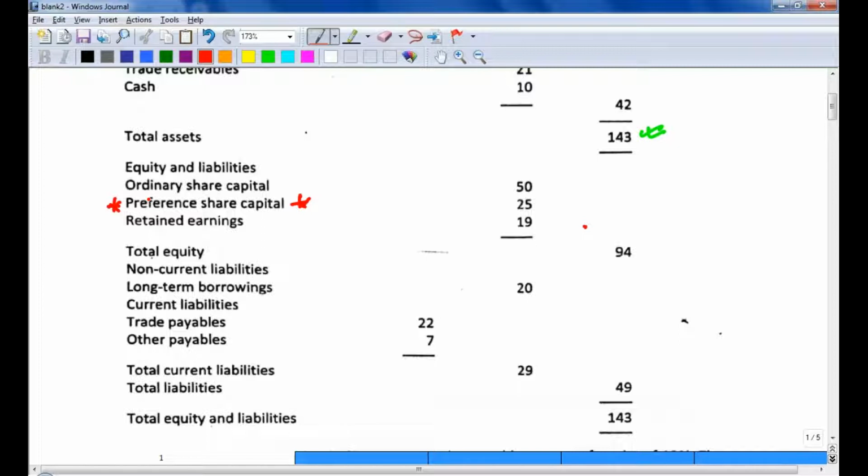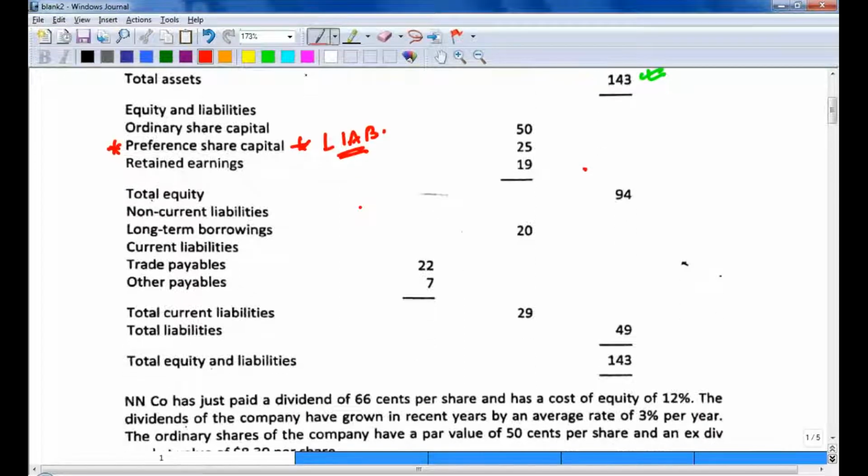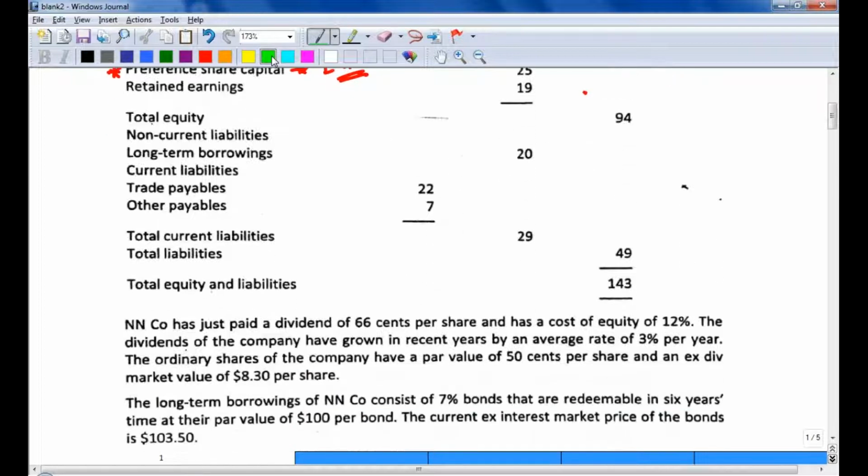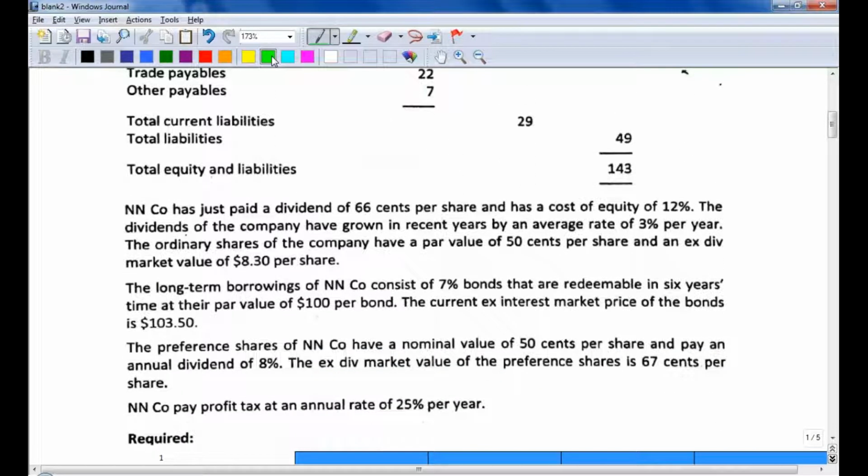It's by IFRS, but we are not here to discuss IFRS. This should be reflecting on the liability side. Total equity, non-current liability, long-term borrowings, current liabilities, total current liabilities, equity and liability.